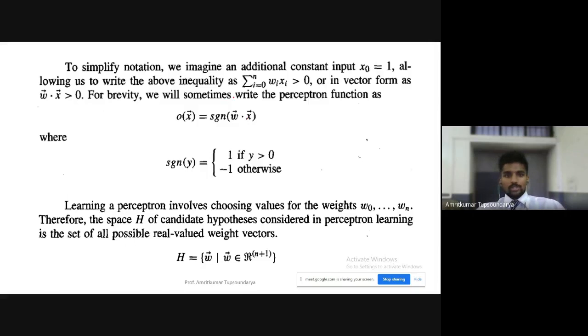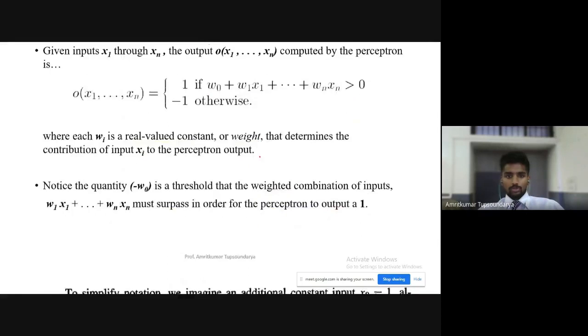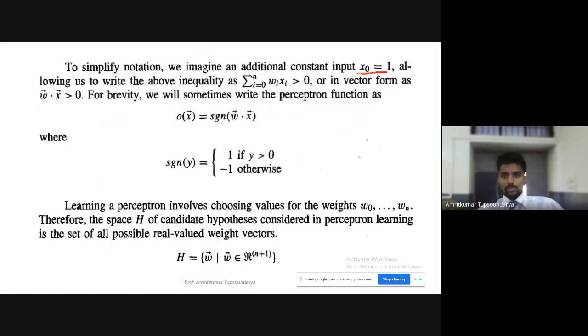So let's imagine that we have an additional constant, X naught, which is equal to 1, and it is used to represent the inequality. It will allow us to write the inequality that we saw here, by assuming the additional constant x naught is equal to 1.